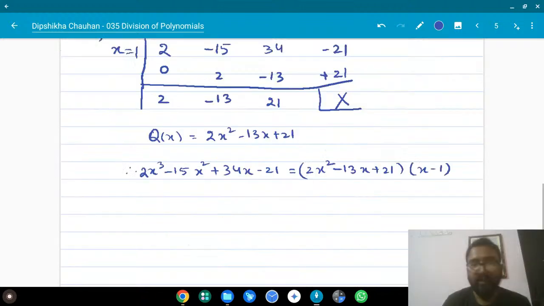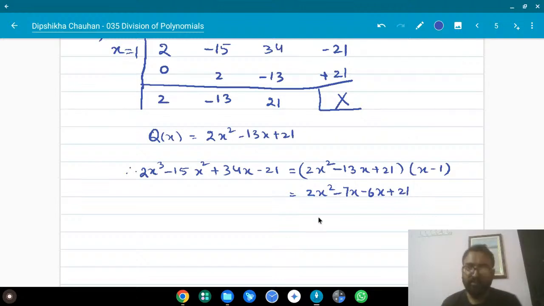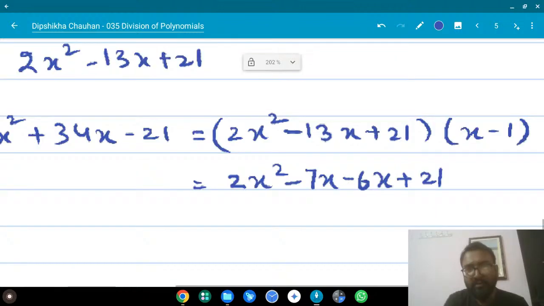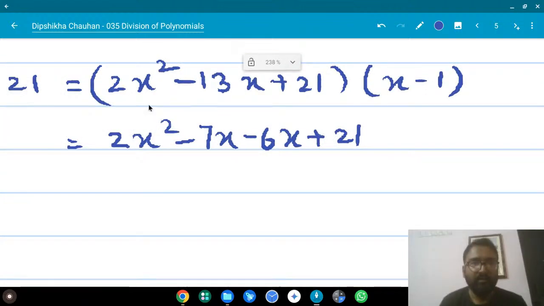Then we have to factorize this quadratic. 21 times 2 is 42, and 7 times 6 is 42. So it is 2x square minus 7x minus 6x plus 21.